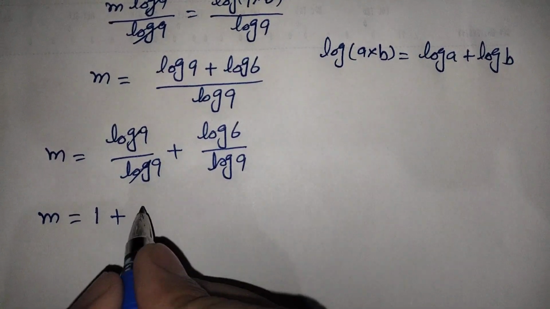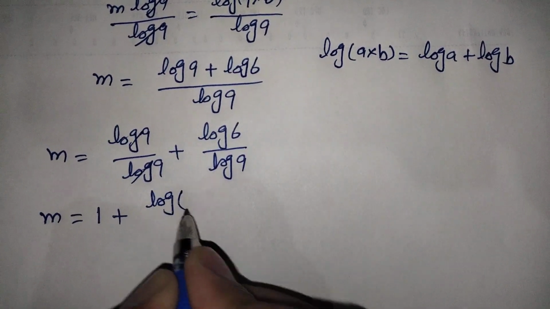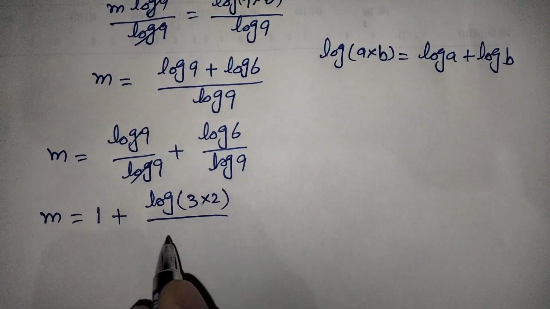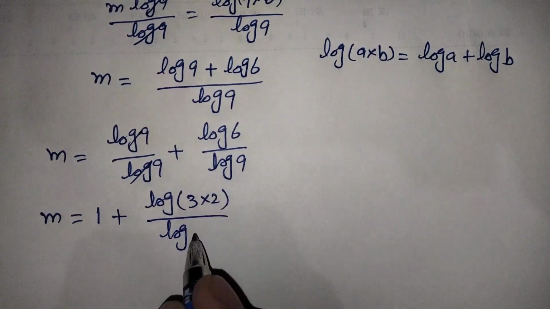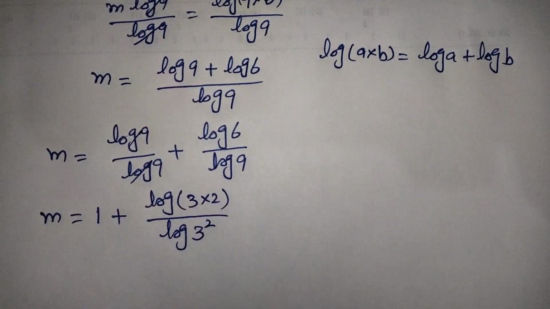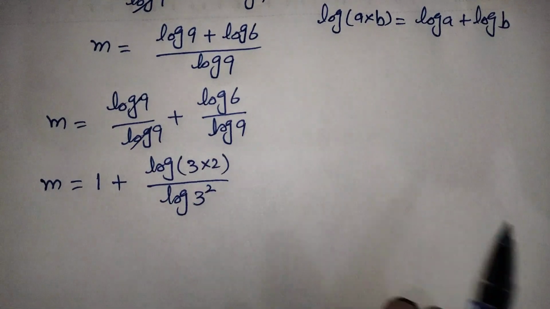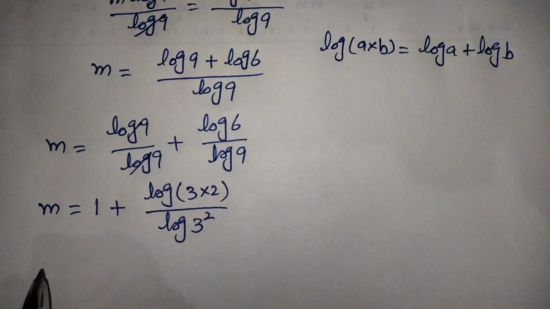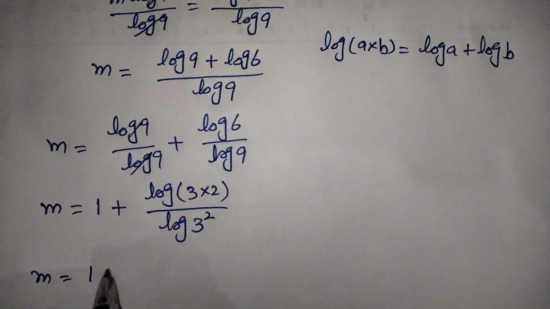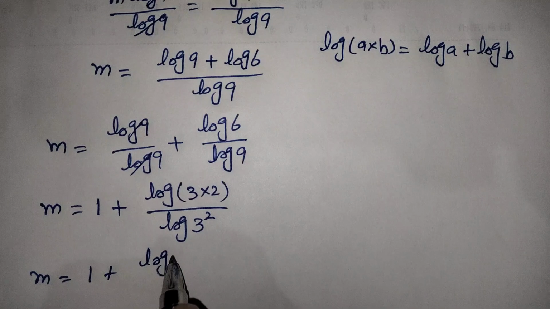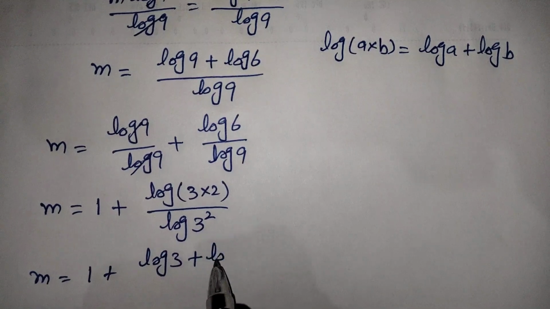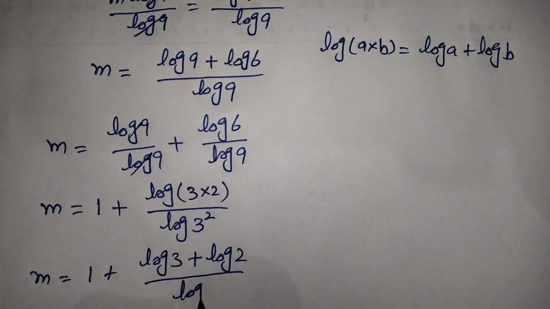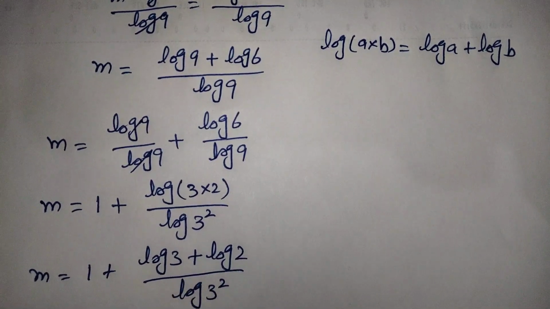log of 6 over log of 9. We can break 6 as 3 into 2, and 9 can be written as 3 raised to power 2. Now again we will use this formula to write the above equation as m is equal to 1 plus log of 3 plus log of 2 over log of 3 raised to power 2.